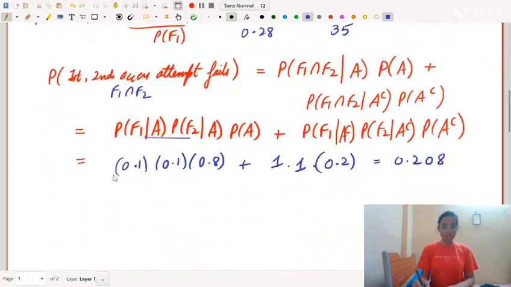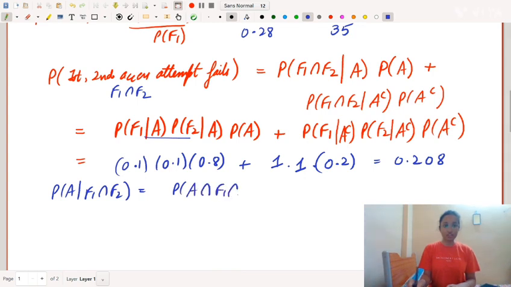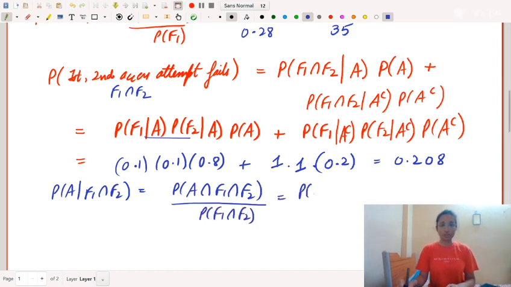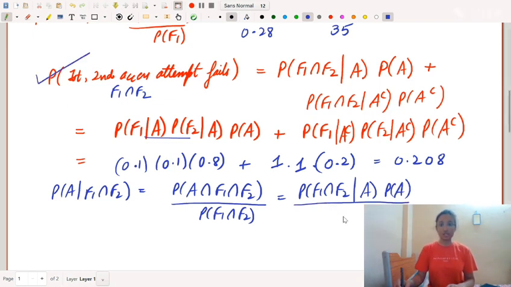Now probability of A given F1 intersection F2 is probability of A intersection F1 intersection F2 over probability of F1 intersection F2, which can also be written as probability of F1 intersection F2 given A into probability of A, over this probability I have just calculated, that is 0.208.